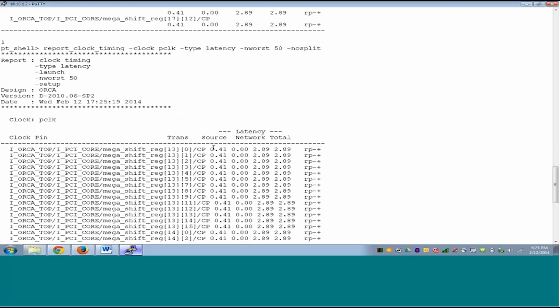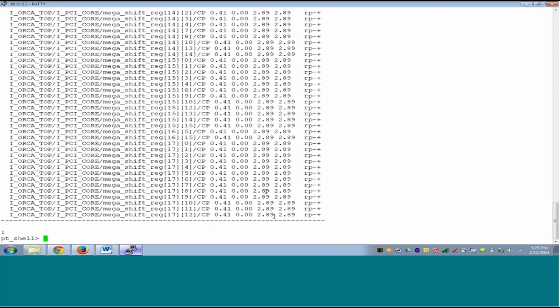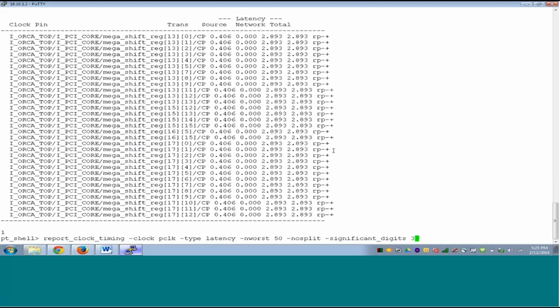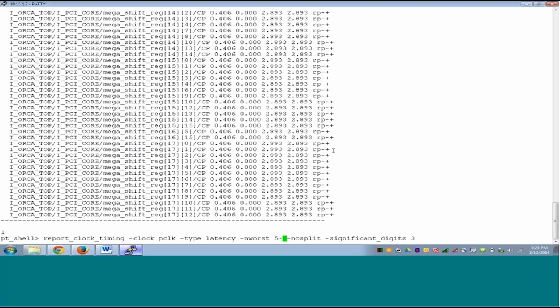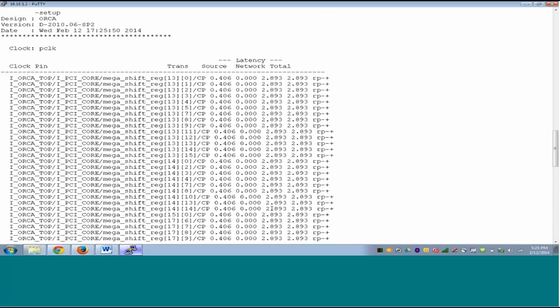So we see that these are the list of clocks that have 2.89 latency. We can increase the significant digits to let's say 3, and we can even do let's say 100, and it shows us the latency in decreasing order.